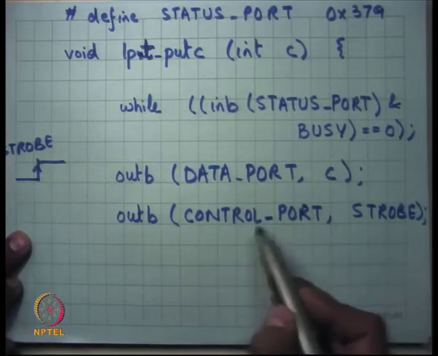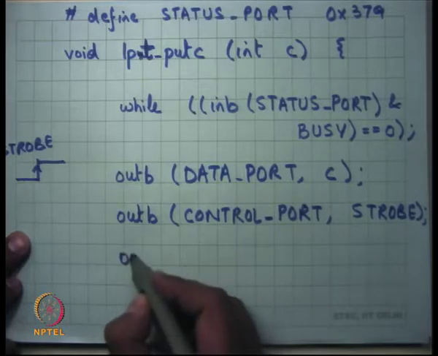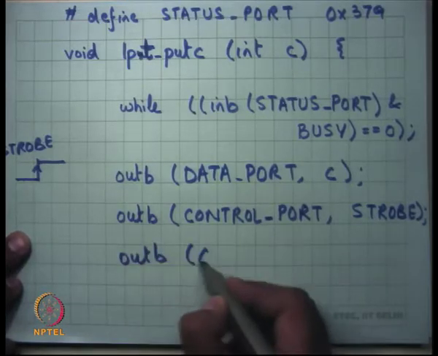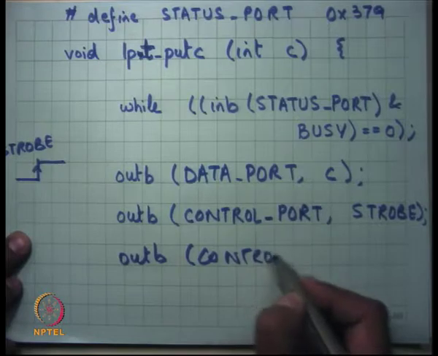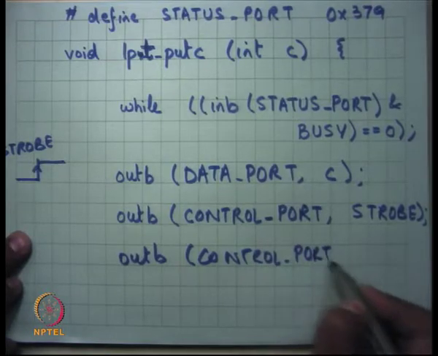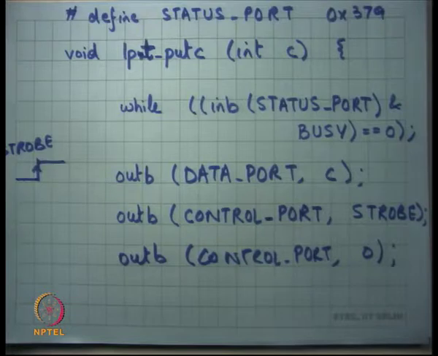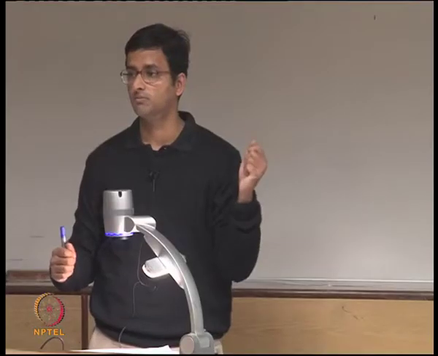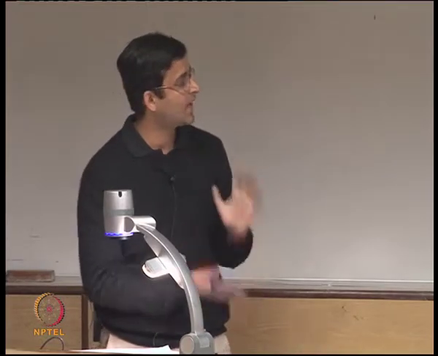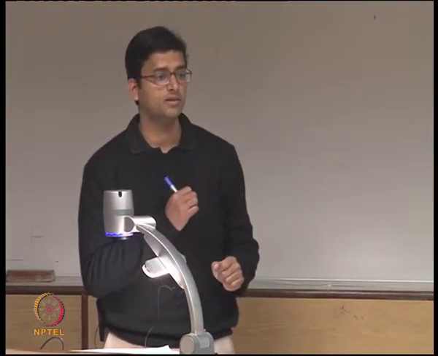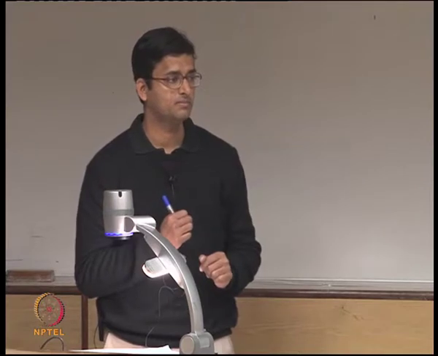So I put 1 to the control port and then I put 0 to the control port. What this does is it simulates an edge on the control port, and that is when the printer is supposed to pick up the data from the data port. So that is an example of how a driver could be implemented.